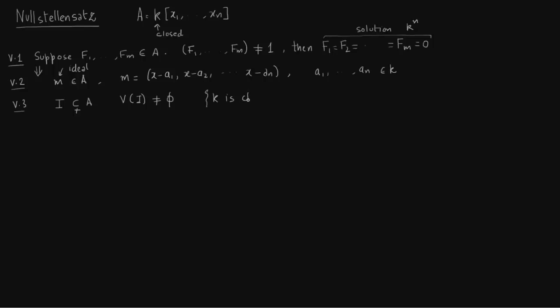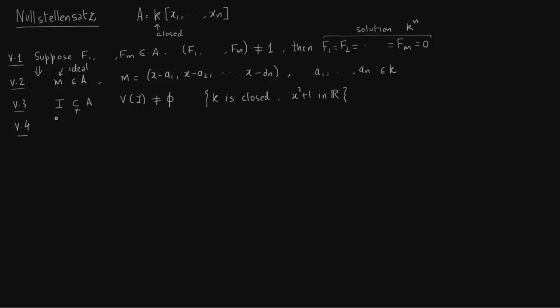For example, if you take the ring R, then x square plus 1 is a proper ideal of ring R[x]. But the vanishing set of x square plus 1 is just the null set, because you obviously do not have complex numbers in R.